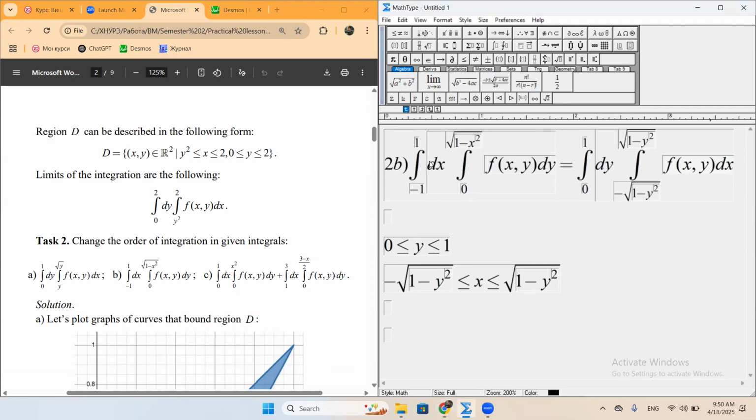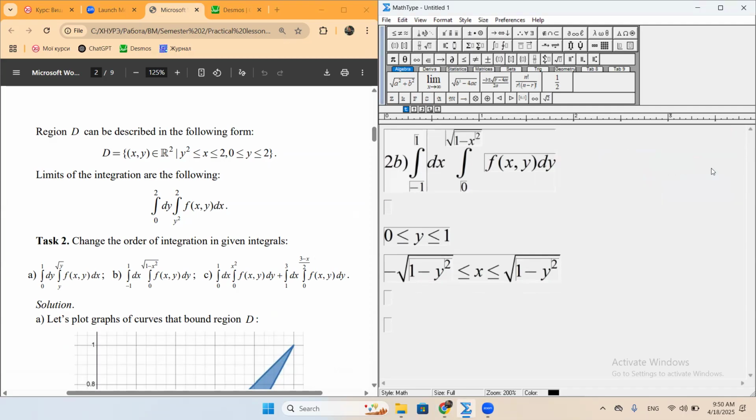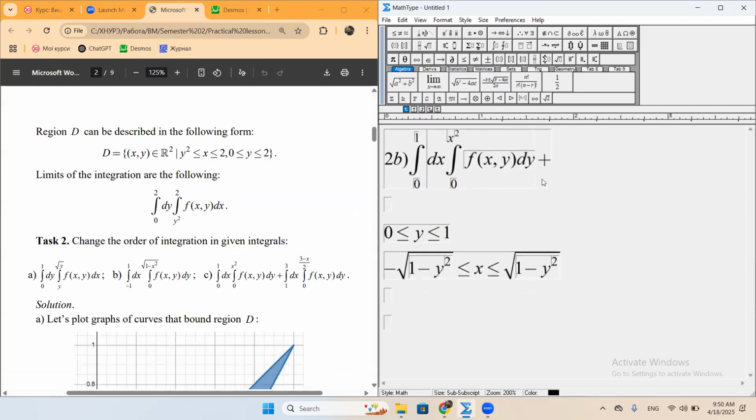Okay, and now a more complicated exercise, a more complicated case. So we have a sum of double integrals, and this sum will be converted to a single integral. How? We'll see it.